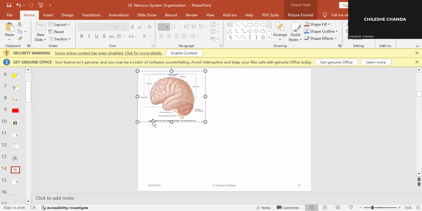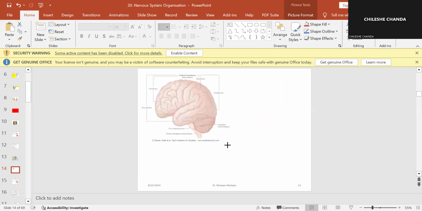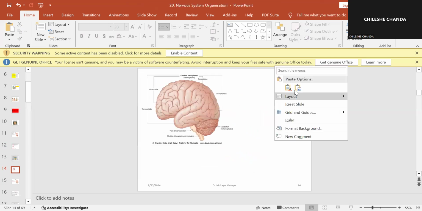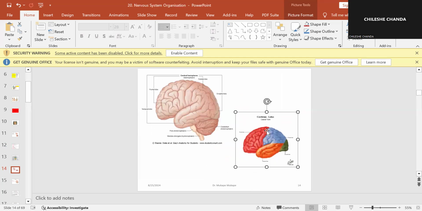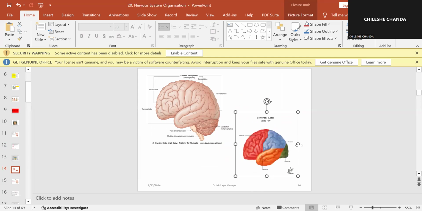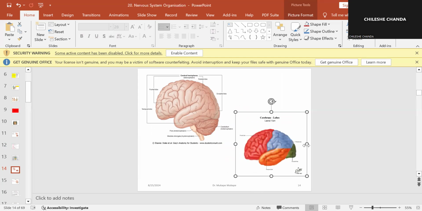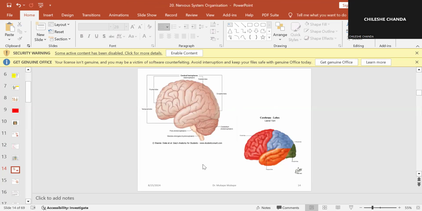These lobes are named according to the bones that we looked at, the bones that make up the cranial cavity. So we have the frontal lobe here, which is just under the frontal bone, the bone that makes up our foreheads.